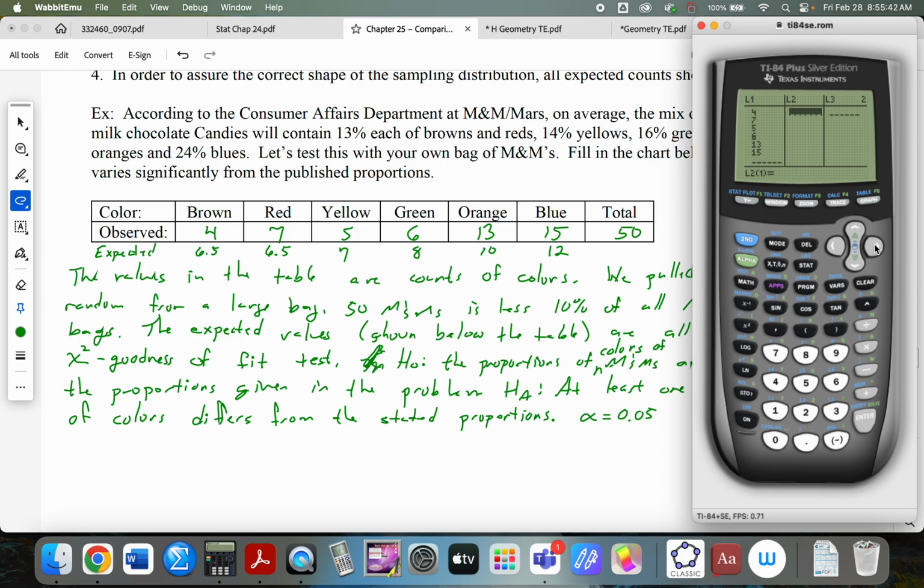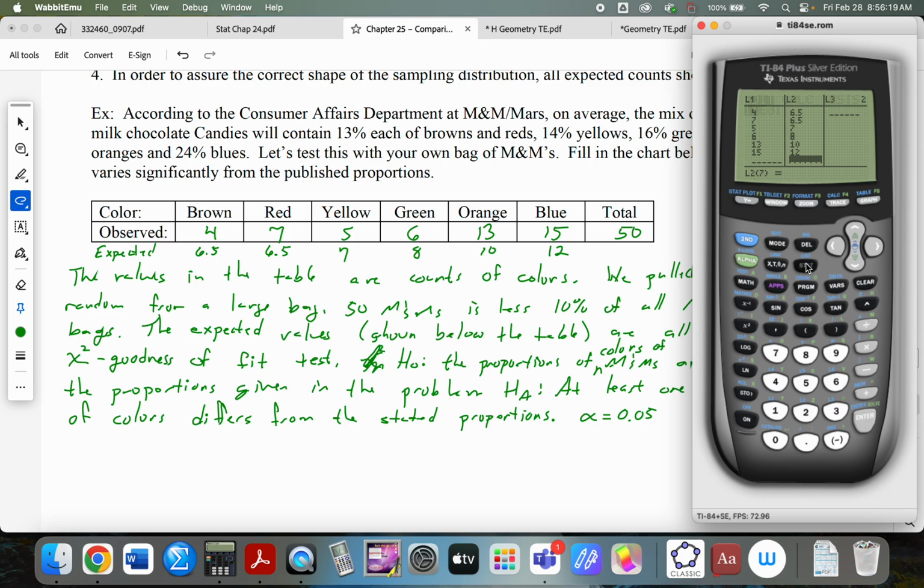I did the calculations in my head, but you could have done the calculation here. For example, it says it's 13% browns, so you could have gone 0.13 times 50. That would give you the 6.5. So you can do this at the same time. So 6.5, 7, 8, 10, 12.